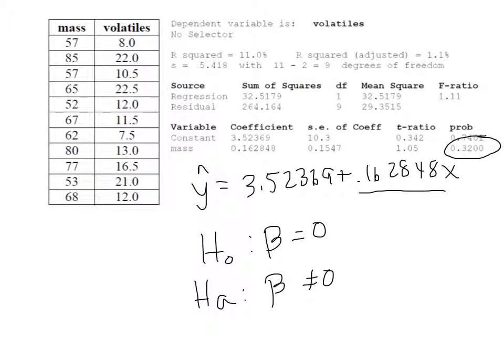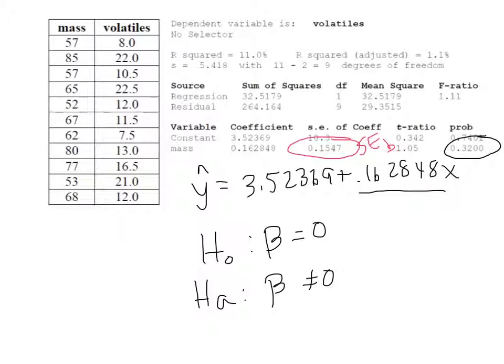The other thing that I'd like to point out that is given to you by this particular table is right here. This is the standard error of the slope. If you look, standard error of coefficient for slope, 0.1547, that is SE sub B. So when given the Minitab output, you actually know that value.